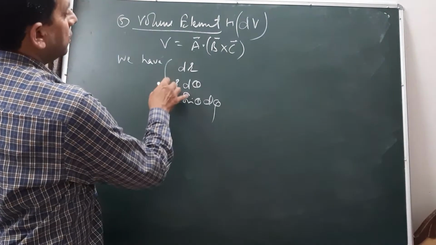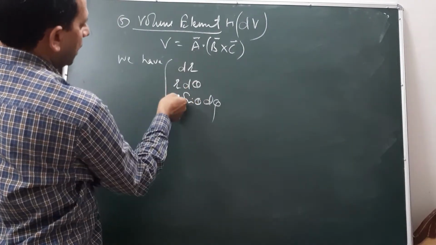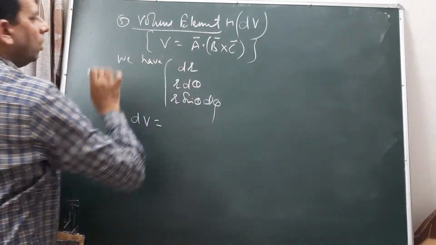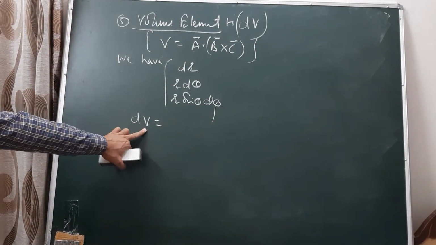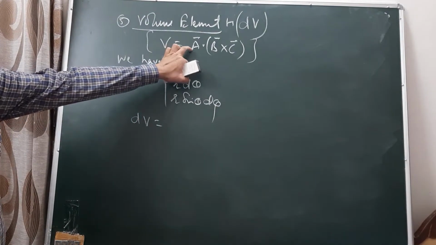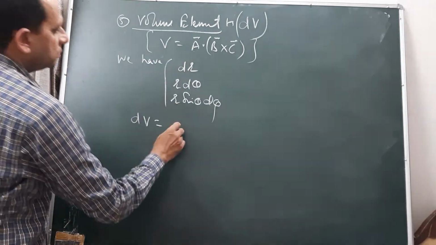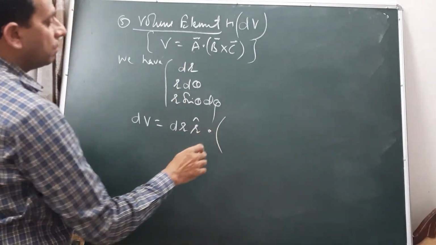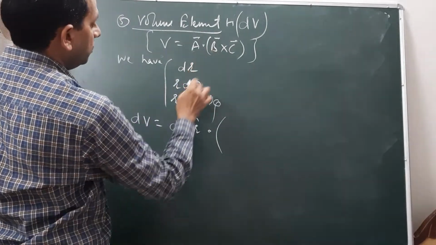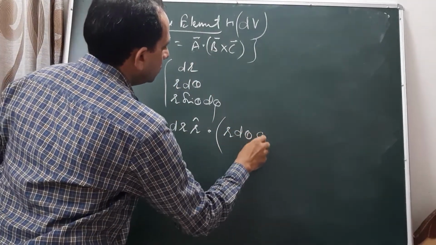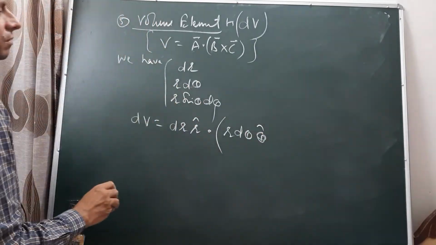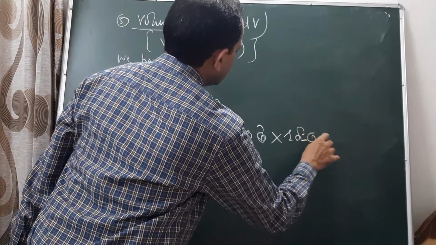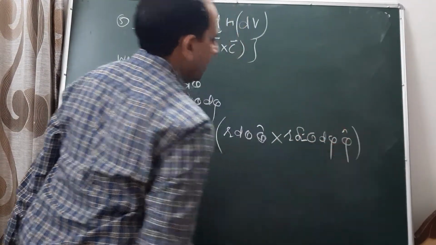Now, putting the values of these elements here, dV. This is the general formula for volume, but I am taking only the small element dV. First A means the first vector, that is dr into r cap, dot multiplied with second B, that is r d theta into theta cap, along the theta side, and cross multiplied with the third, r sin theta d phi into phi cap.